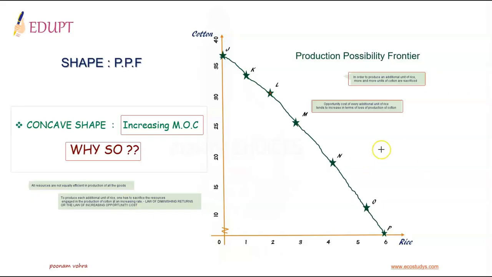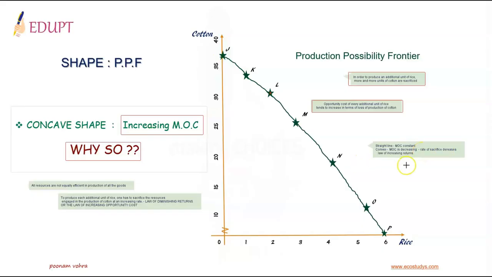However, the production possibility curve may be a straight line if marginal opportunity cost is constant. It can be convex too, that is, when marginal opportunity cost decreases. It implies that in order to produce more and more units of rice, fewer units of cotton are sacrificed, or the rate of sacrifice decreases.